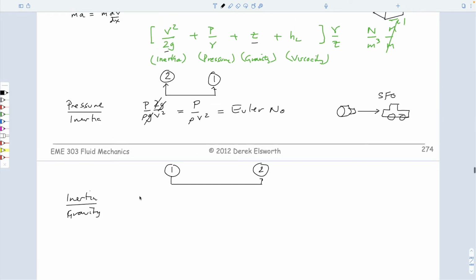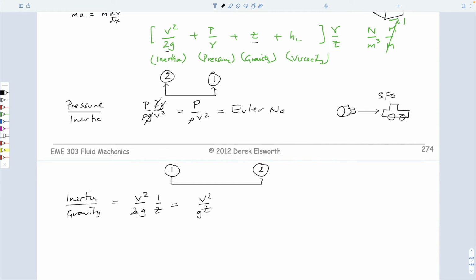So inertia would be v squared over 2g. Gravity would be 1 over z. And this would be equal to v squared over gz.